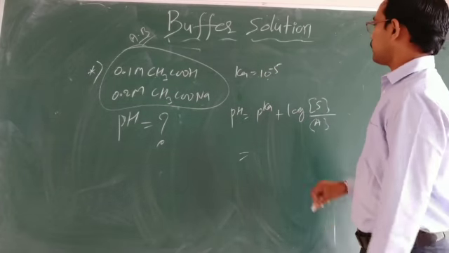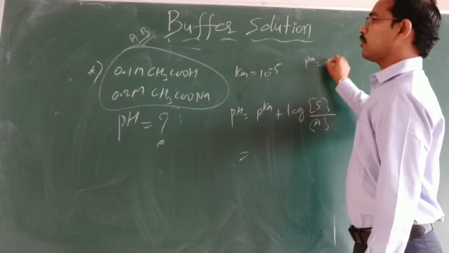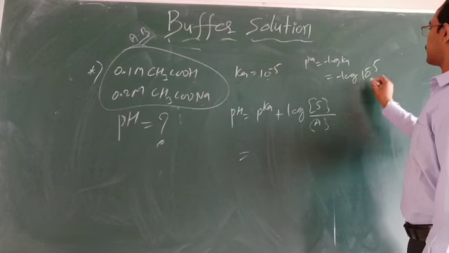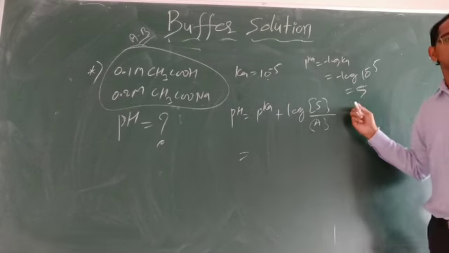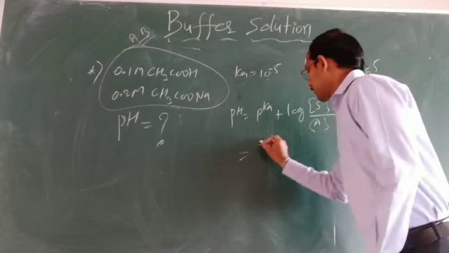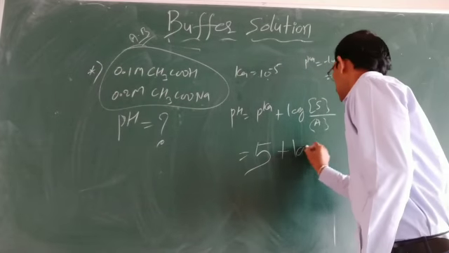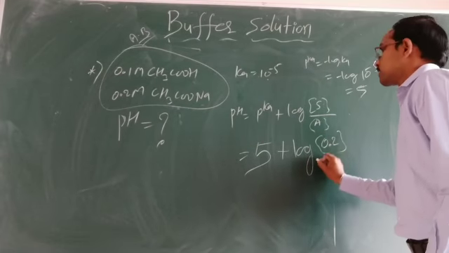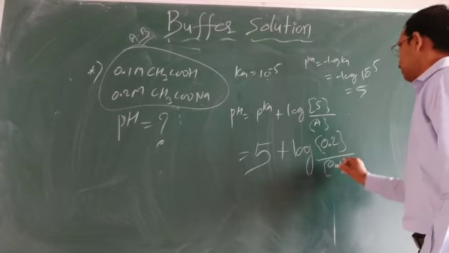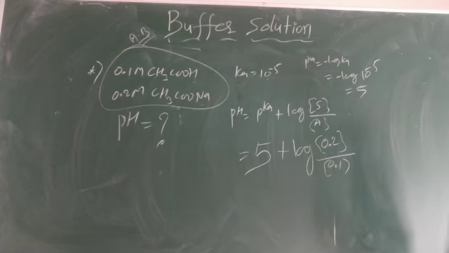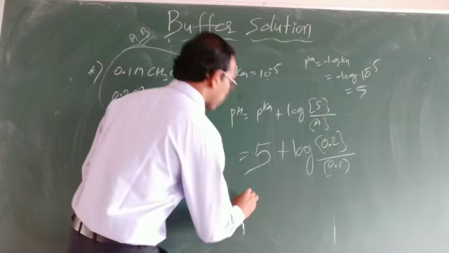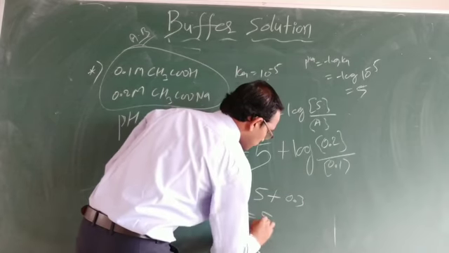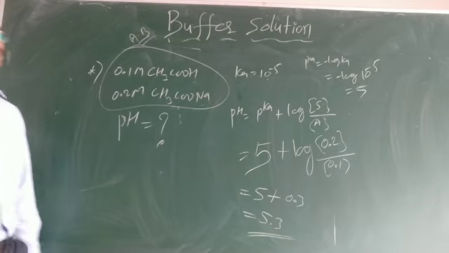What about pKa? pKa equals minus log Ka, that means 10 power minus 5 gives 5. Now pKa is 5 plus log of salt concentration 0.2 by acid concentration 0.1, that means 2 by 1, which means log 2 only. Log 2 equals 0.3. So 5 plus 0.3 means 5.3. What is this? pH.